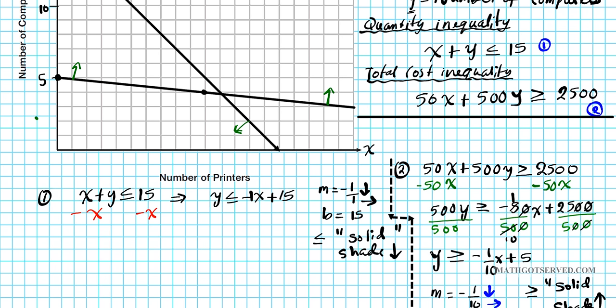Let's label our graphs. So the first one we did is x plus y is less than or equal to 15. And then this second one that we just graphed is 50x plus 500y is greater than or equal to 2500. Where is our solution?